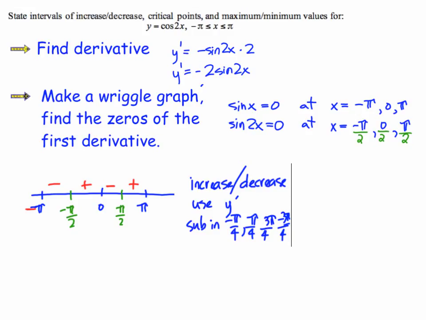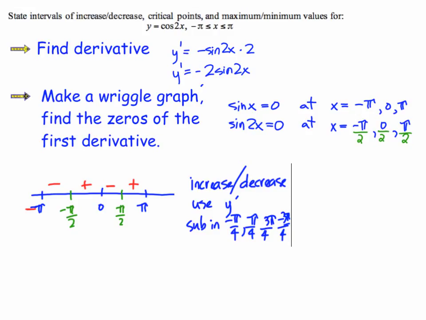You can also sketch this on your graphing calculator. And if you put this in on your graphing calculator, you can use the table feature on your calculator, and then you can see, just by the numbers, where the areas of increase and decrease occur.